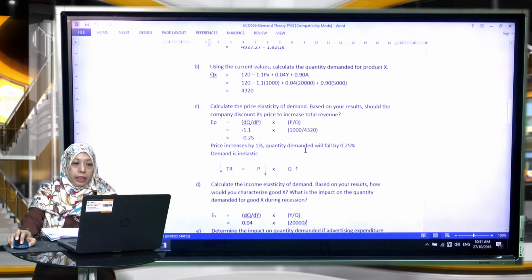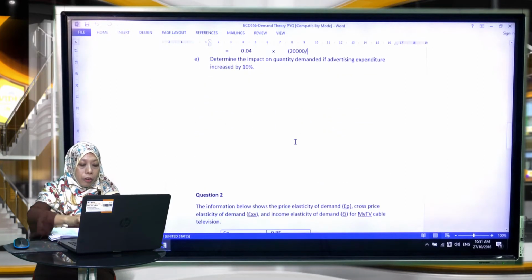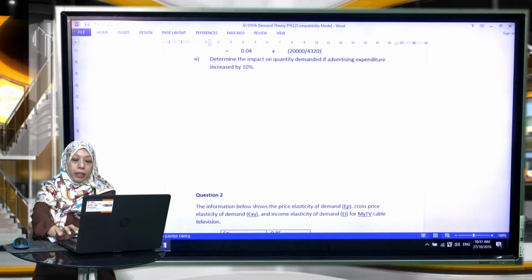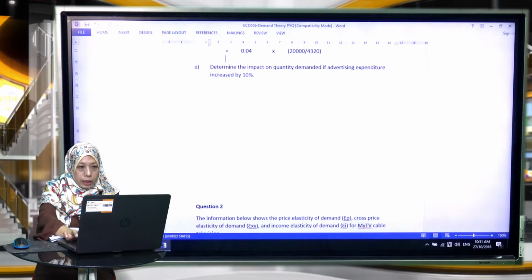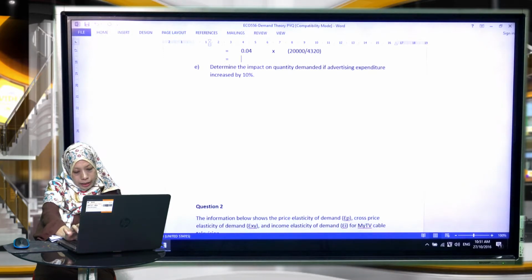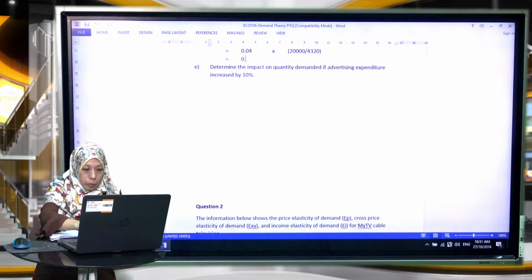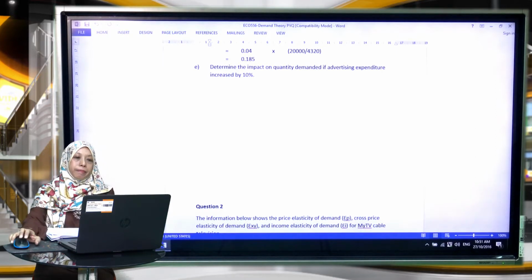Well, you don't need to recalculate Q because there wouldn't be any change. It's going to be the same as you have already calculated in B. It's going to be 4320. So when you plug this into your calculator, you're going to get your income elasticity equal to 0.185.